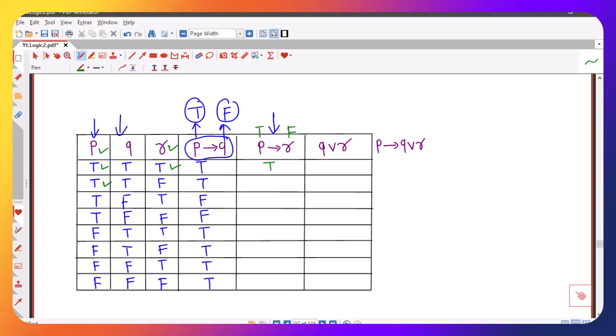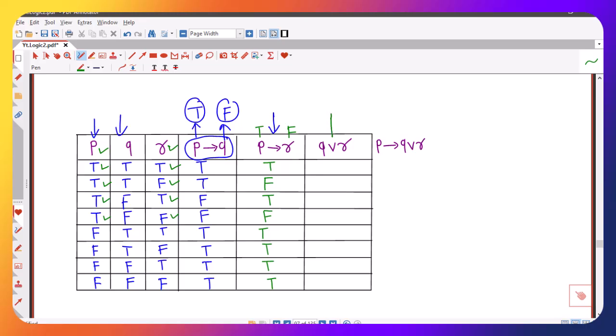Here P is true and R is false. Therefore P implies R is false. Here P and R both are true. Therefore we have true here. Here P is true, R is false. Therefore we have false here. In the remaining 4 cases P is false. Therefore P implies R is true.